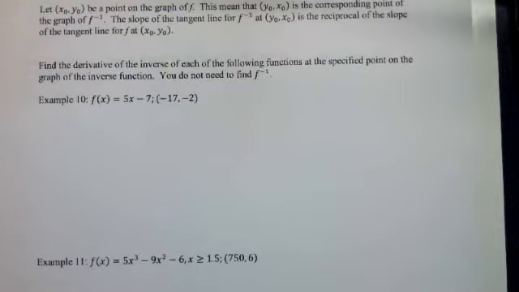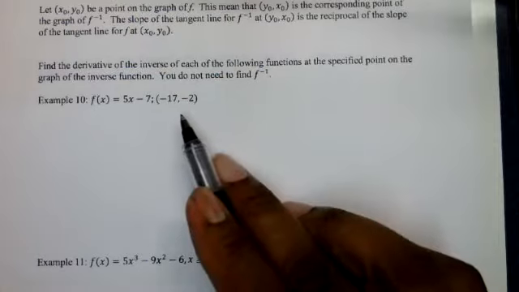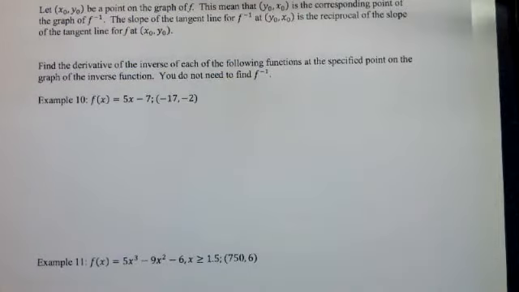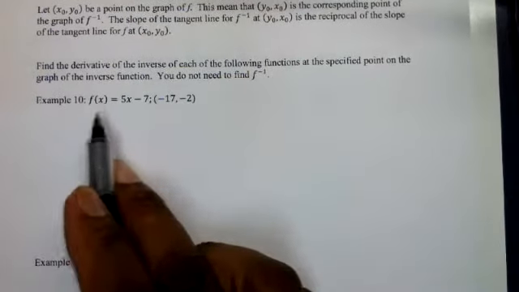In example 10, f of x is equal to 5x minus 7, and the point is negative 17, negative 2. That's going to be the point for f of x.